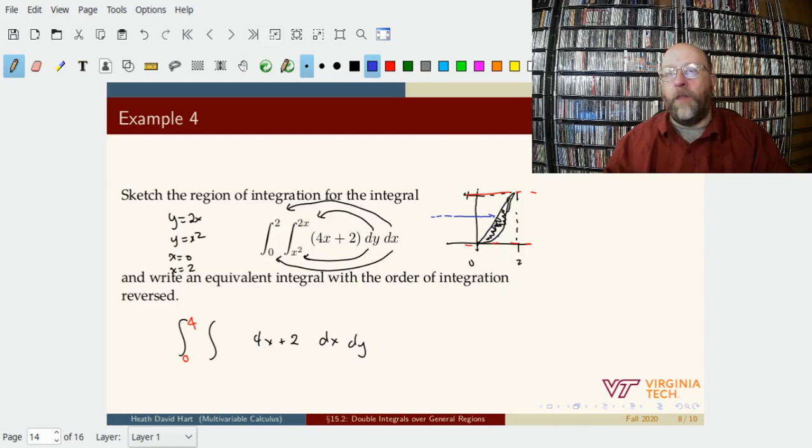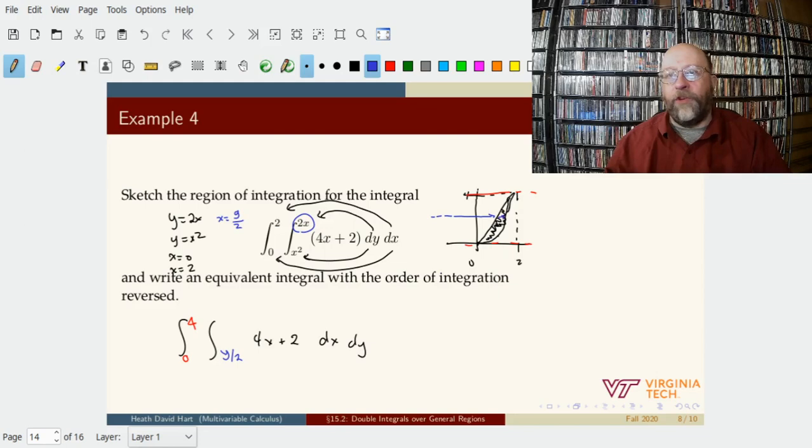And so while the line was on top in the y direction, the line is going to be on the bottom in the x direction. But I have to take this line and express it as a function x equals something. So x equals y over 2. It's going to be my lower boundary.